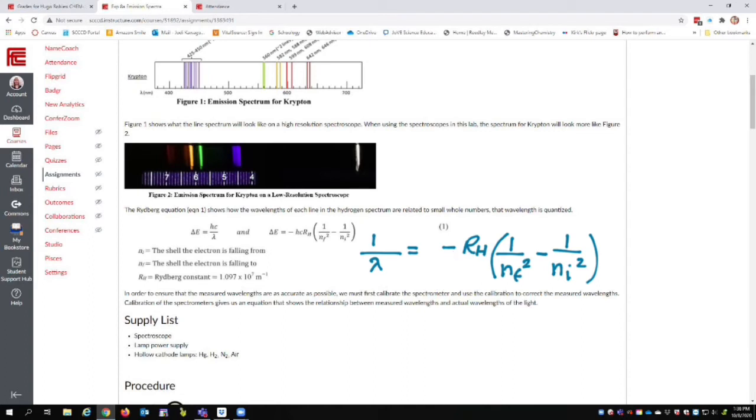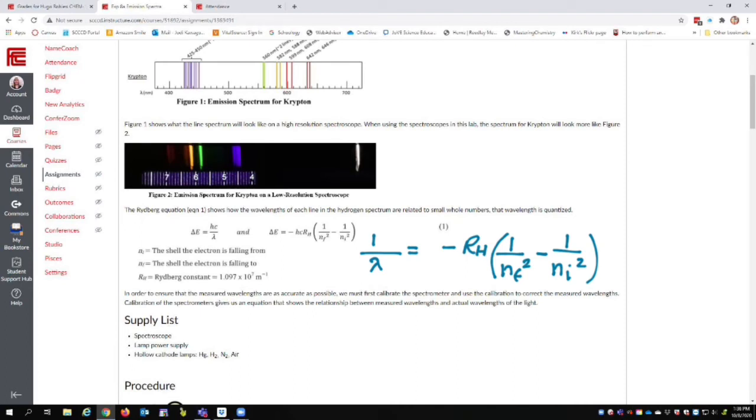Now, normally I'd say let's rearrange the equation and solve for R. Well, that gets kind of messy. It's actually easier to just look at it this way. You can plug the numbers in to both sides here and simplify those things and come up with a number for the Rydberg constant. The Rydberg constant is 1.097 times 10 to the 7th.